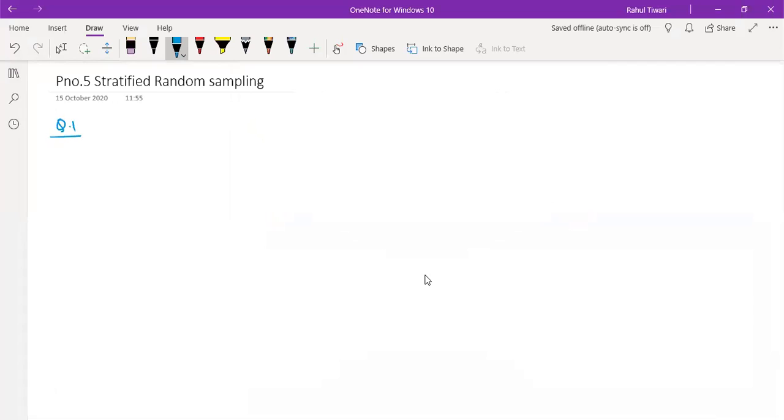Now, before I start question number one, let me give some formulas based on that. We have here formulas. What are those formulas?